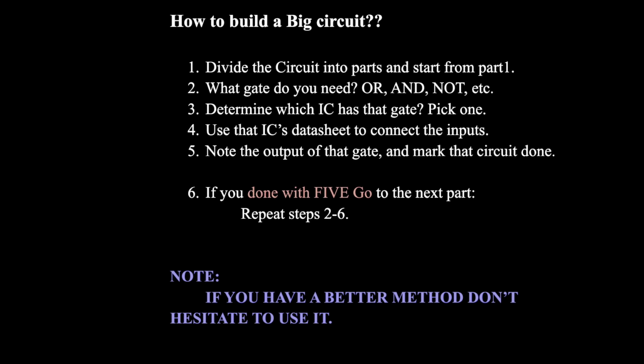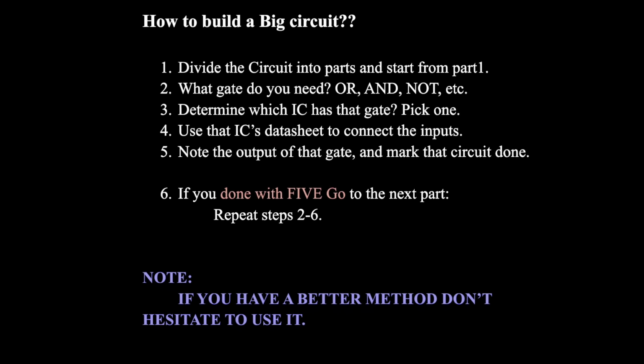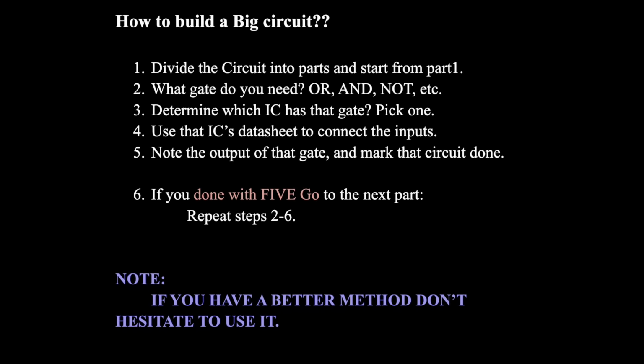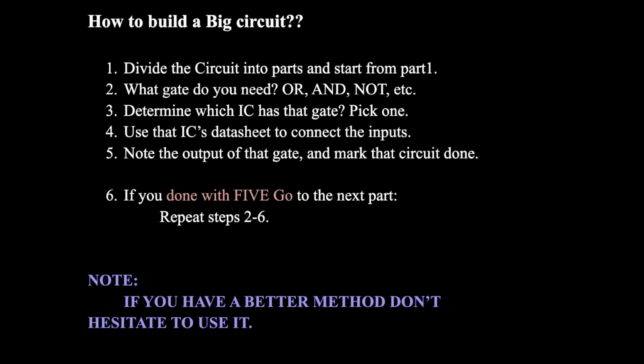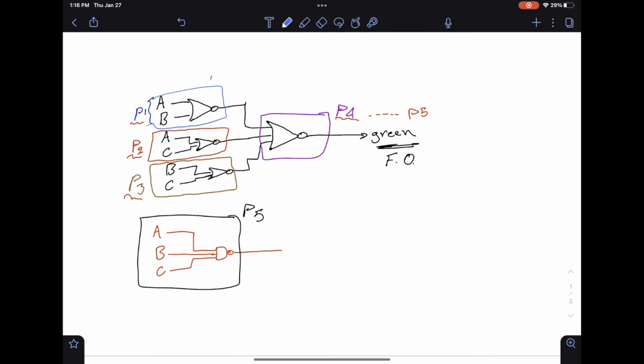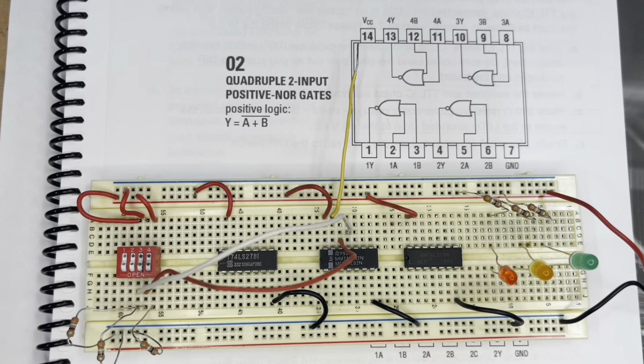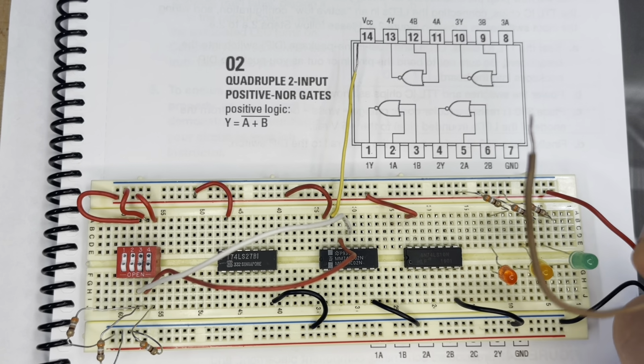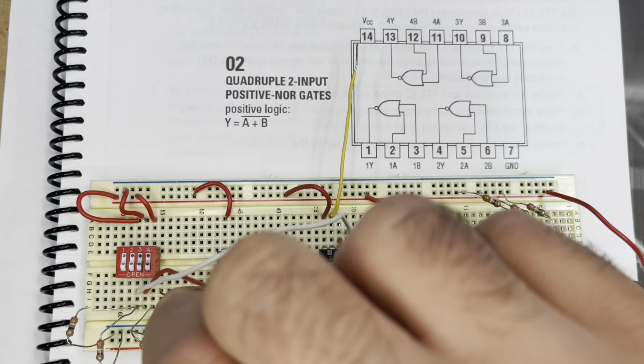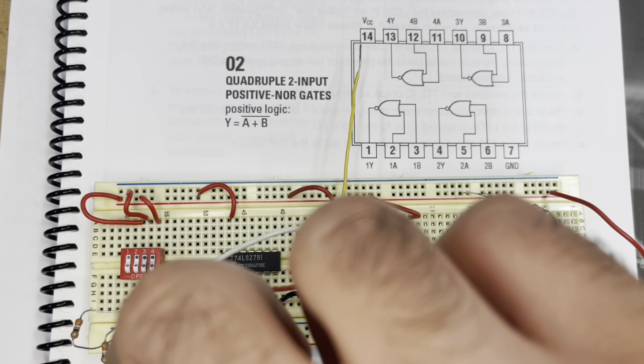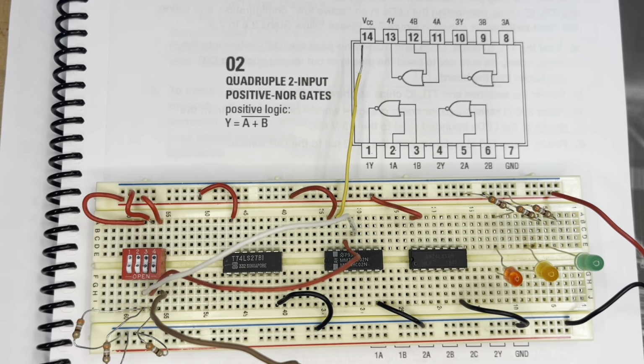Here we go. So now, according to the procedure, I need to mark that part done. So I go to that part and mark it done. Then I go to the next part, which is part 2. Now we know that in part number 2, we need A and C. So I'm gonna use a brown wire to take from the input C, which is on DIP switch number 4.